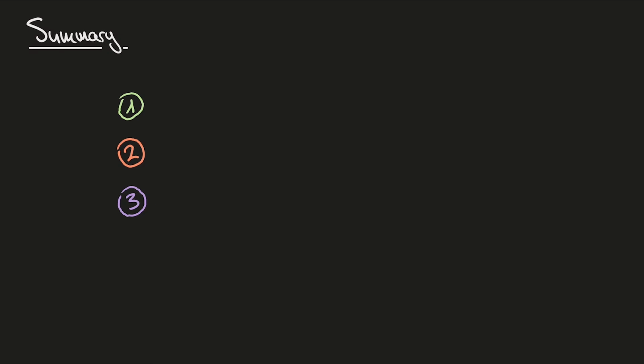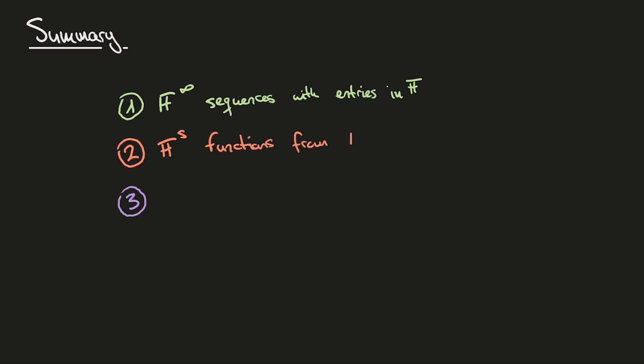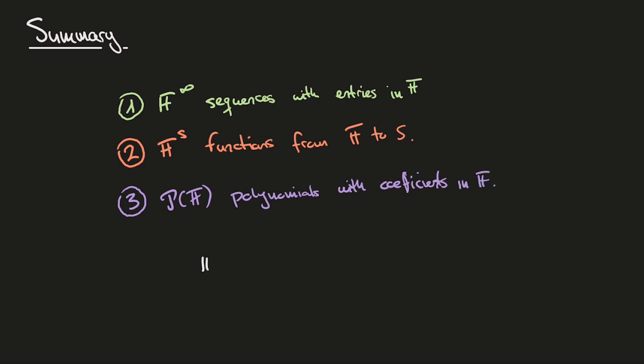This brings me to the summary of this video. So we saw 3 examples of vector spaces, the first of which was F^∞, the set of all sequences with entries in F. Then we saw the vector space F^S, which is the set of all functions from S to F. And finally, we got a glimpse of the vector space P of F, which is the set of all polynomials with coefficients in F. Moreover, we saw that F^∞ and F^n are special cases of the space F^S.